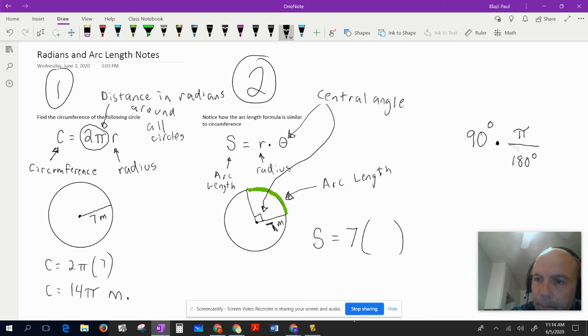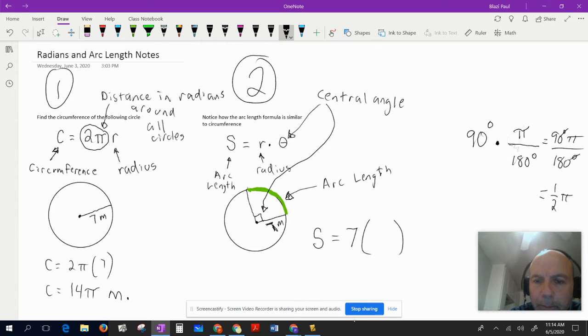That's how we convert. So I'm going to get 90 degrees times pi over 180 degrees, right? And what is 90 degrees over 180? That's just 1/2 pi, okay? And the degrees, remember, the degrees cancel each other out. Boom. 90 over 180 is 1/2.